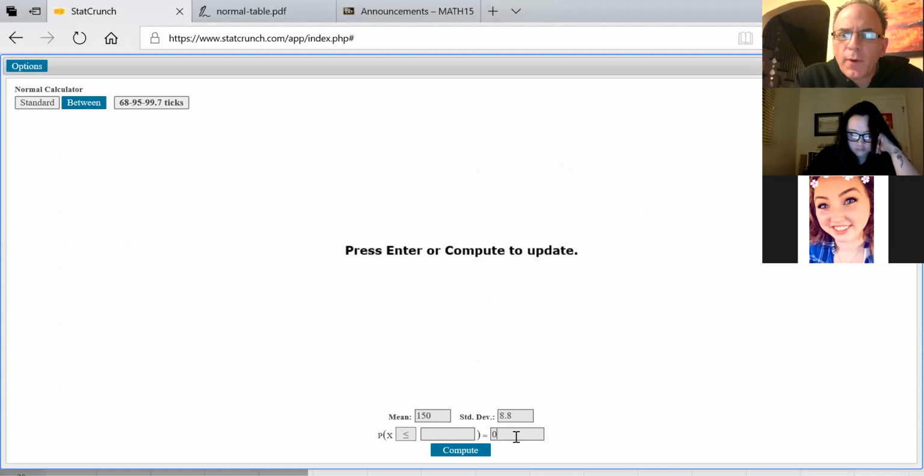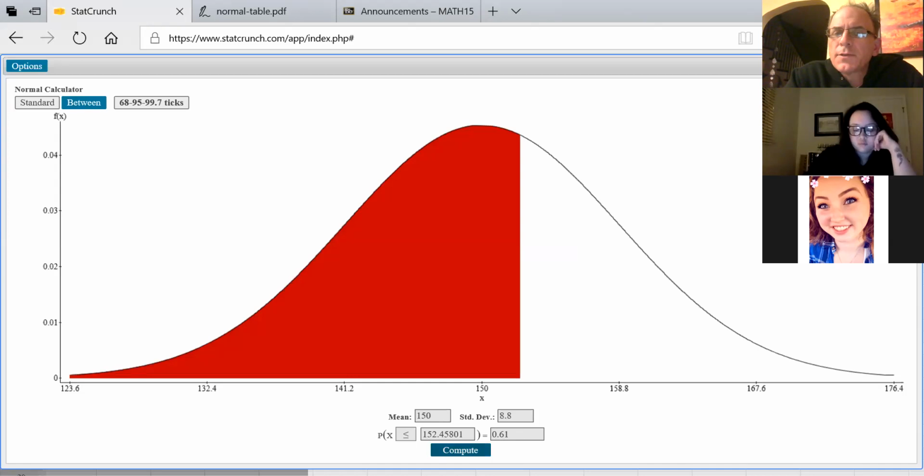So I'm going to put in 0.61. Okay, we want the 61st percentile, and then I'm going to hit compute, and it's simply going to give me a raw score back. So what score does a person need to get in order to be at the 61st percentile? They need to score 152.45, or we'll probably round up if they don't do decimals. We have to score about a 153 to do that.